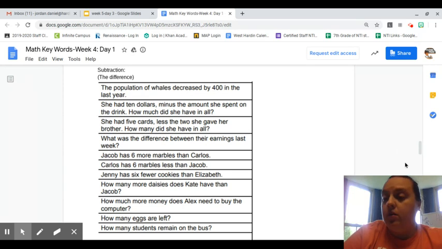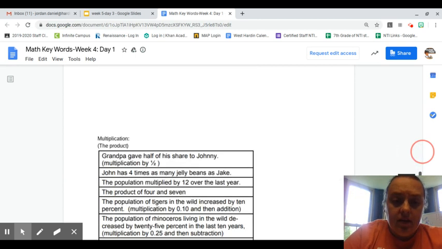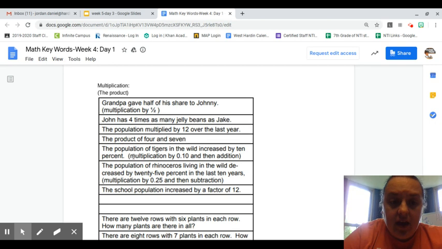Those are some subtraction words. Then we go down to multiplication. Grandpa gave half his share to Johnny 4 times. If you see anything with the word times, multiplication. Multiplied, product, increased. That can also apply to multiplication.